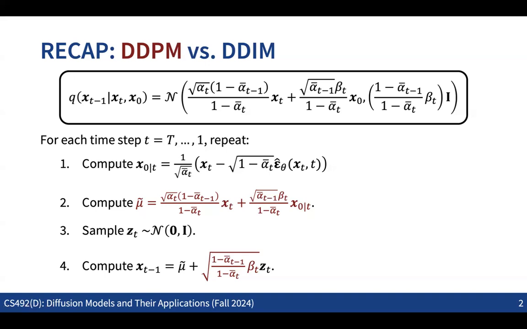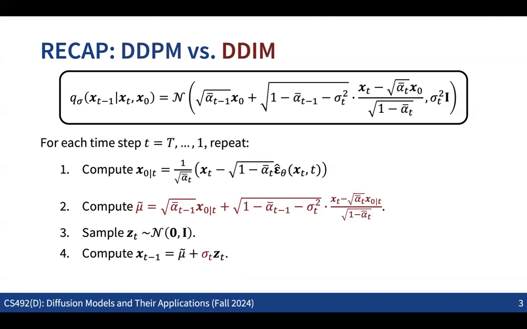So this was the procedure that you also need to implement in the DDPM assignment. And what we are seeing is that in the DDIM, we are also doing the same thing, having the same type of variational distribution for the reverse process. But the only thing is that the mean and the variance of the Gaussian distribution are changed.